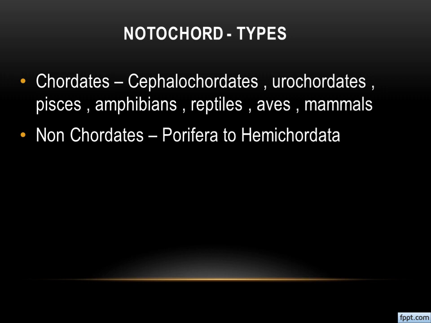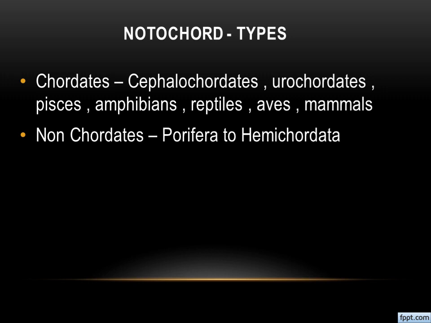Understand? So the first one, chordates, means cephalochordates, urochordates, and the classes Pisces, amphibians, reptiles, aves and mammals. All these animals alone have the notochord. During the embryonic stage it will be a notochord, but when they develop, it will become a backbone. Do you get me?